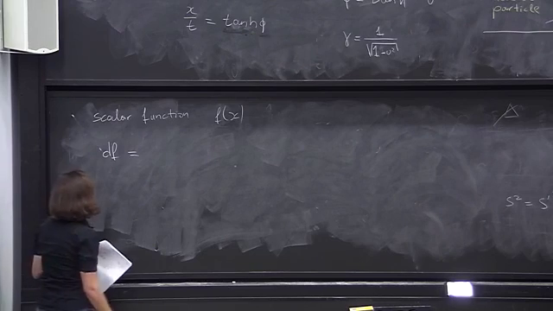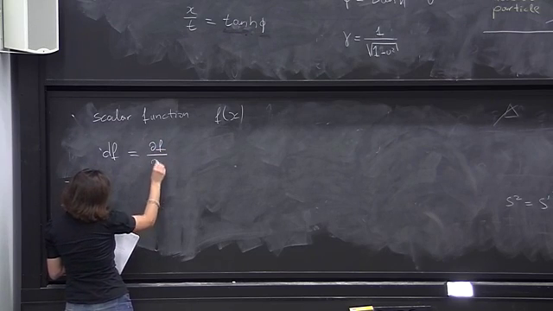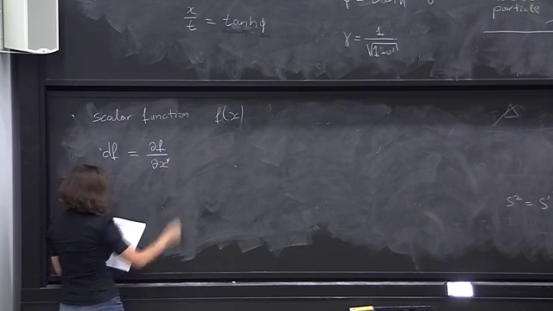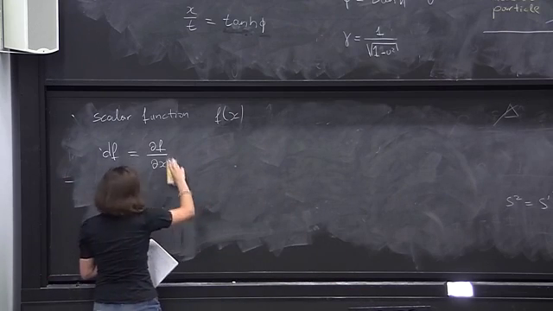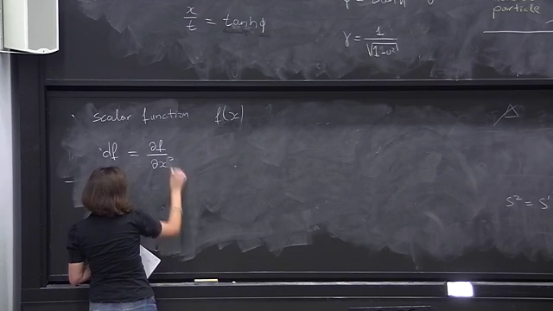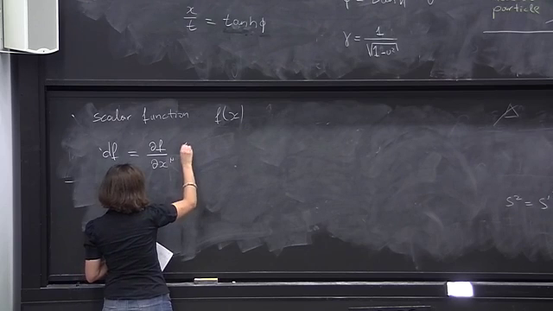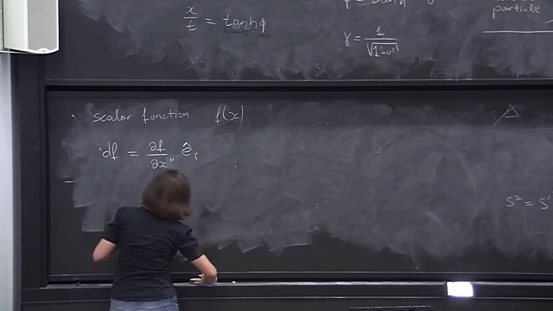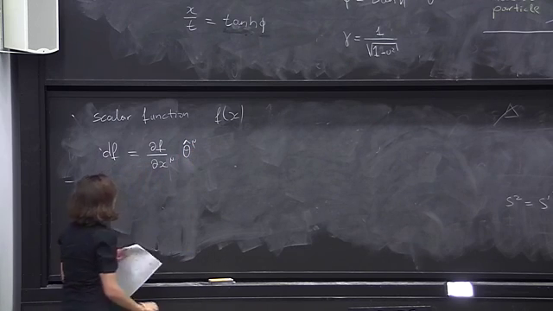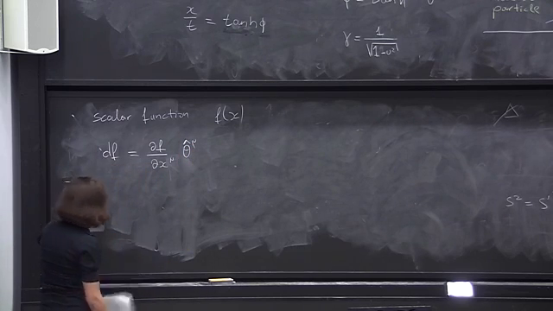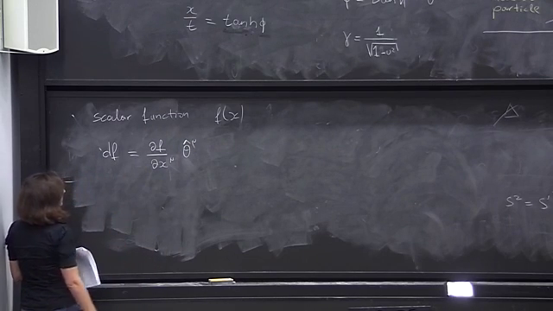Then we can define the gradient df, equal to the partial derivatives of f with respect to our coordinates, sorry, theta mu, times the basis vectors in the dual space. And let's see how this thing transforms under Lorentz transformations.